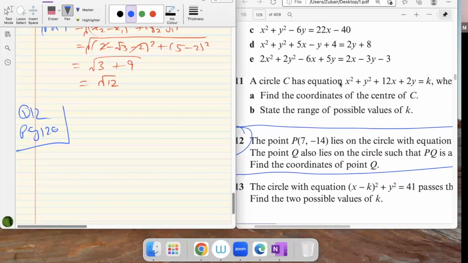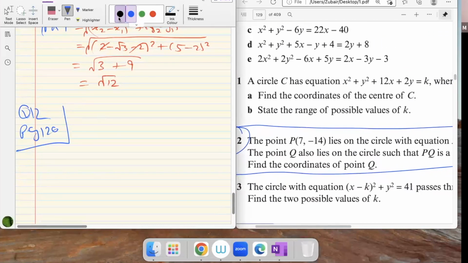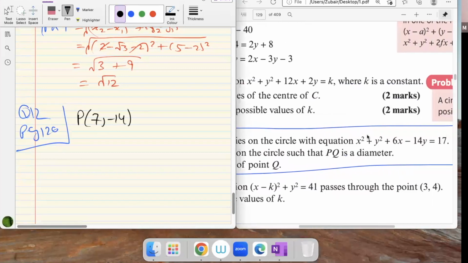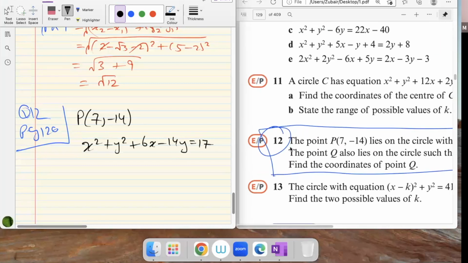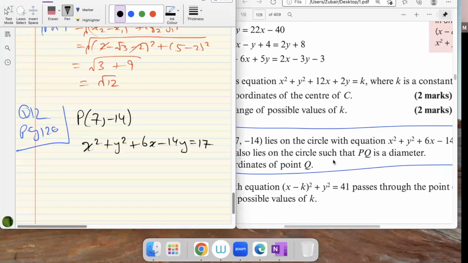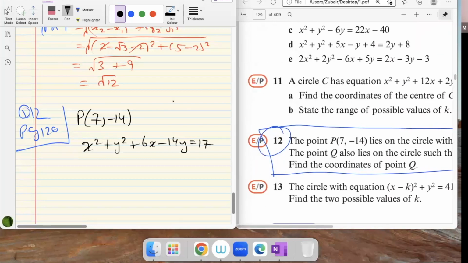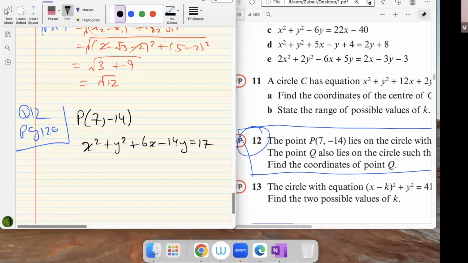The question says there is a point P, which is 7 comma minus 14, that lies on the circle with the equation x square plus y square plus 6x minus 14y is equal to 17. And the point Q also lies on the circle such that PQ is the diameter. Find the coordinates of point Q.